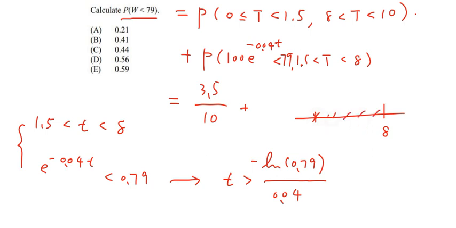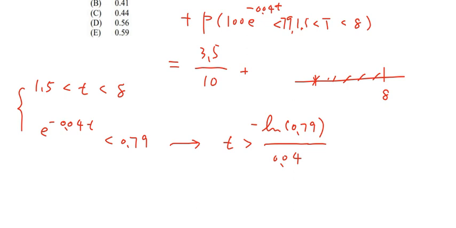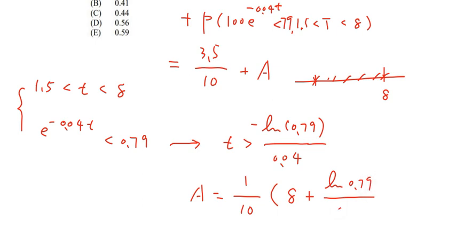So the probability for this part equals 8 minus this number, so it becomes 8 minus this, with the negative sign, like this, right?